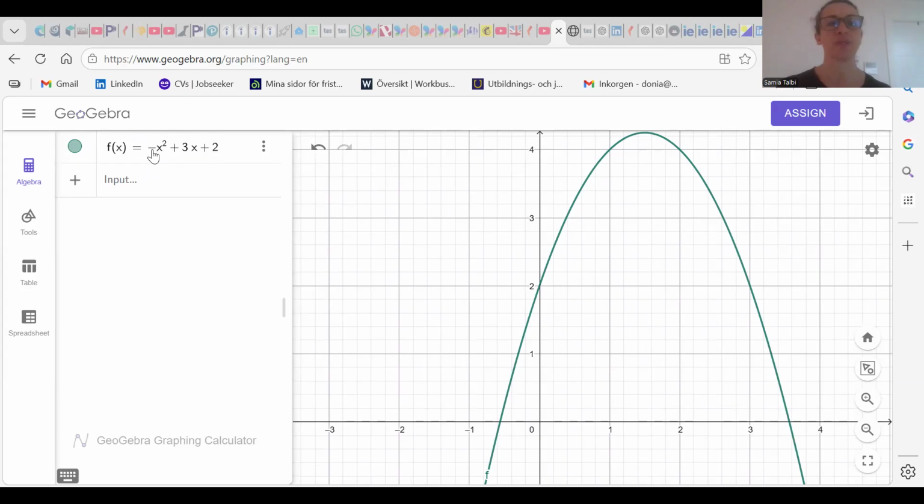So the factor before the x squared determines the shape, the glad shape or the sad shape of the quadratic graph or the parabola. And that would be it for me.